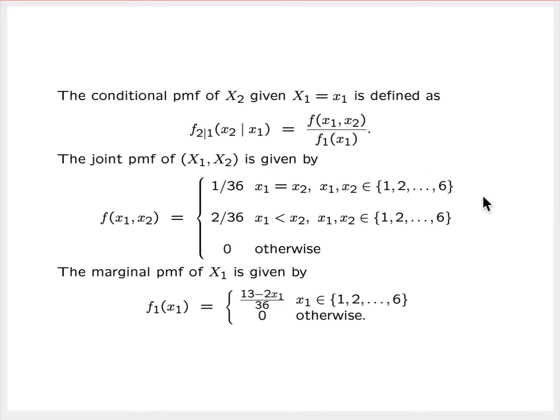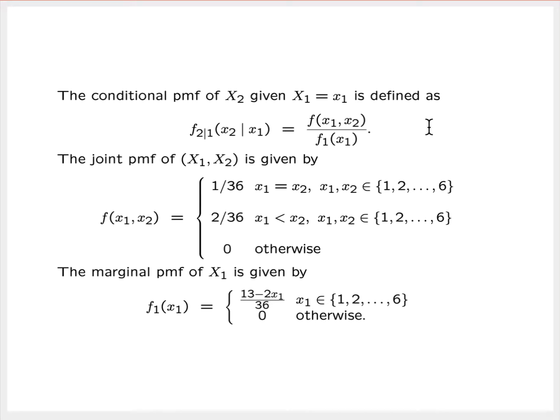Also recall from our previous work that the joint PMF of x1 and x2 is given by this piecewise defined function. And the marginal PMF of x1 is given by this expression, 13 minus 2 times x1 over 36.